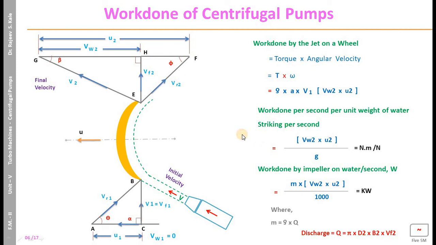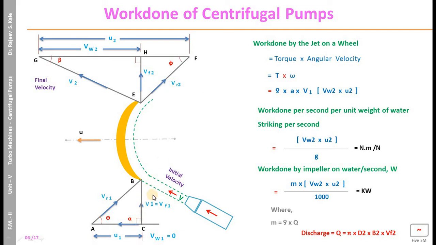You can estimate the work done per second per unit weight of water. Here mass is rho Q, where Q is discharge. You can estimate pi d2 b2 into vf2. So we'll take in detail work done.